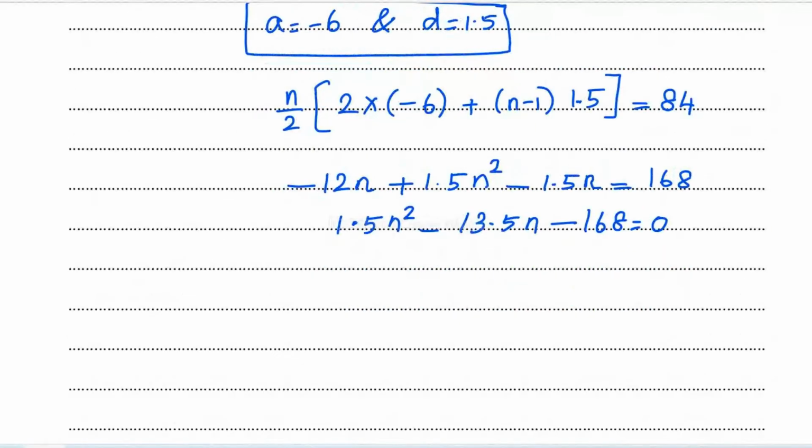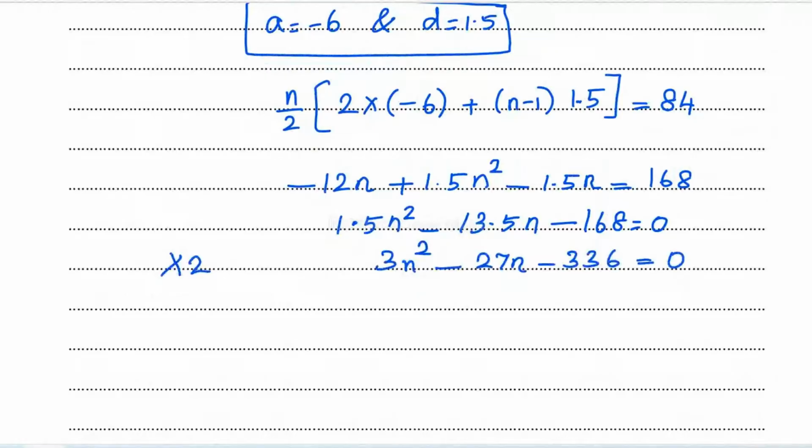So multiply by 2 on both the sides, we will get the equation as 3n square minus 27n minus 336 equal to 0.